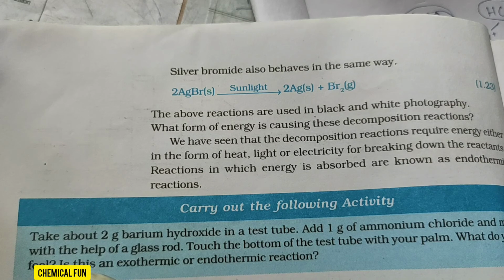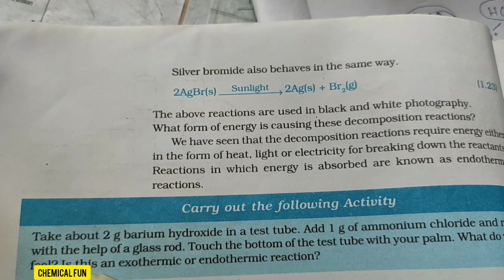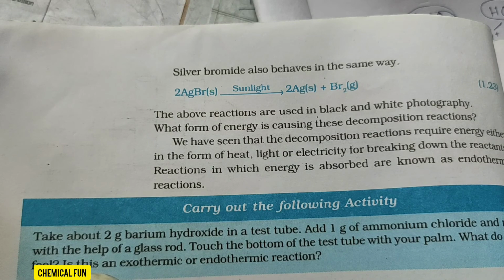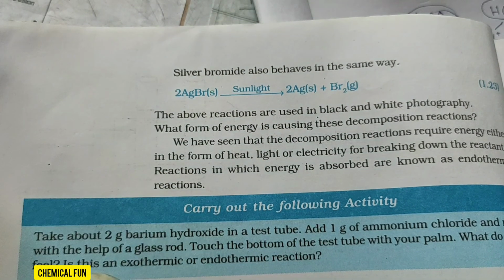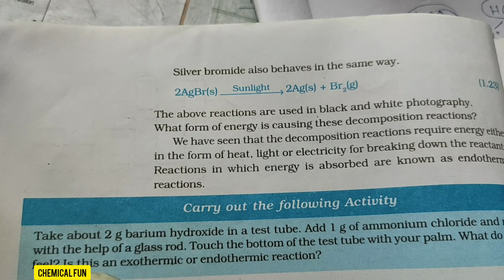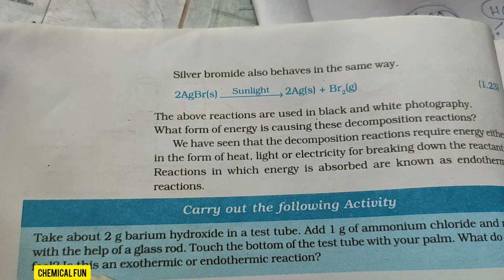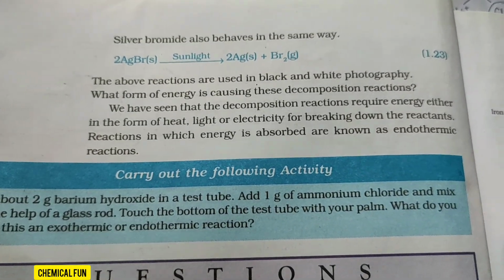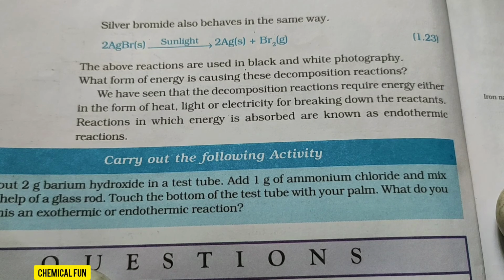The components used for black and white photography are silver chloride and silver bromide, and the reaction is this. The energy used here is light, sunlight. So the decomposition reactions require energy either in the form of heat, light, or electricity for breaking down the reactants.